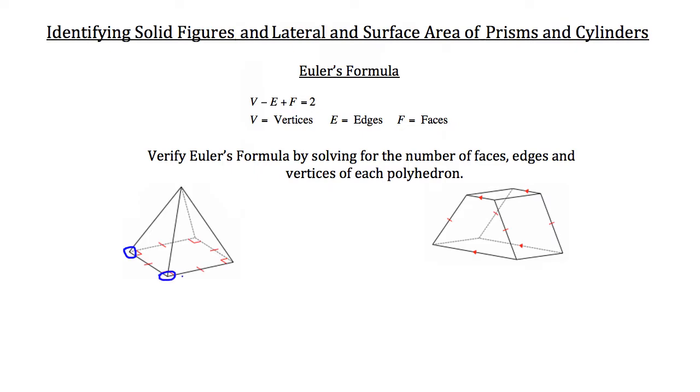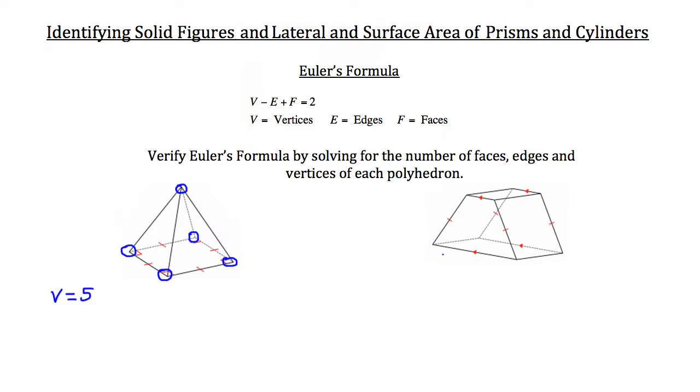Here's another vertex. Here's another vertex here. Here's one last one, and here's one more. So this particular figure, this pyramid here, which is a prism, has 5 vertices. So I'll go ahead and write our vertices down here in blue. Vertices for this figure is equal to 5.